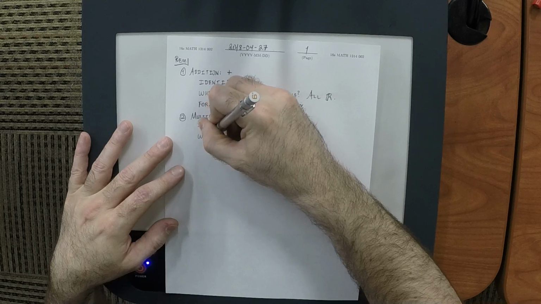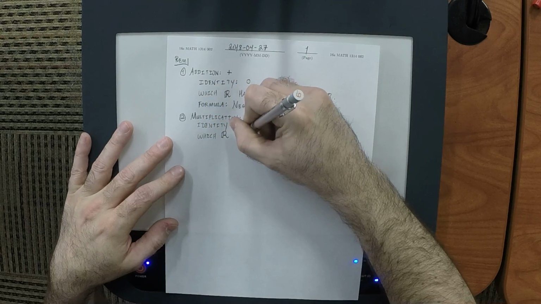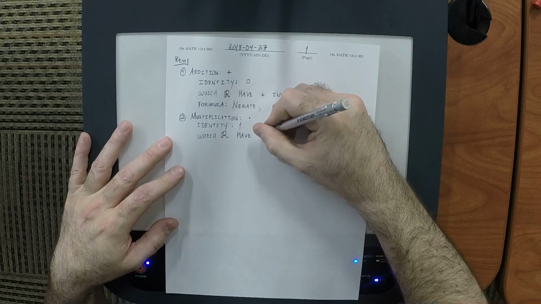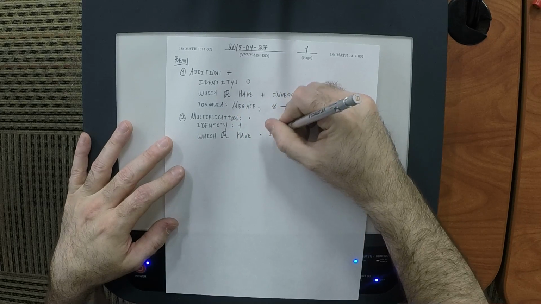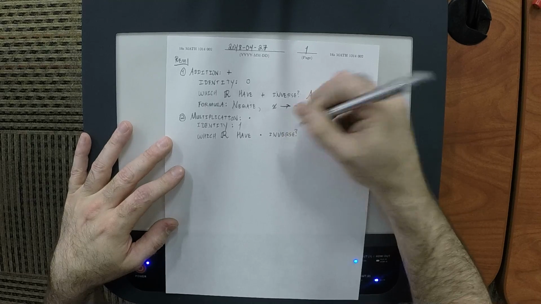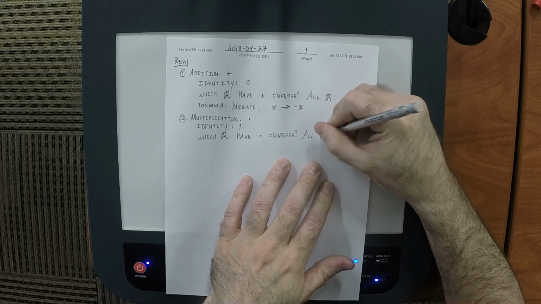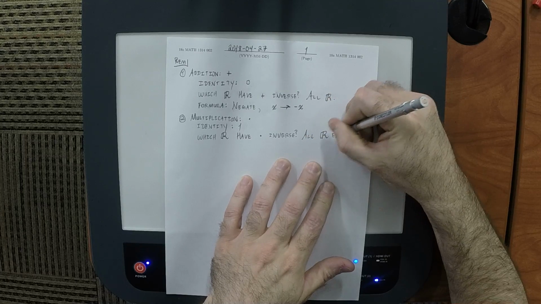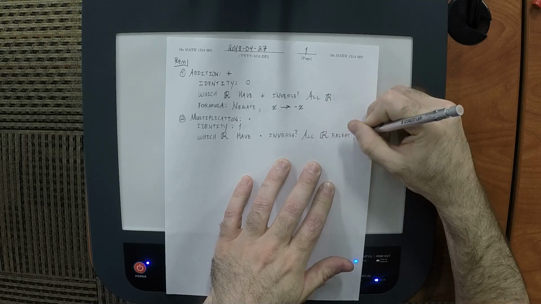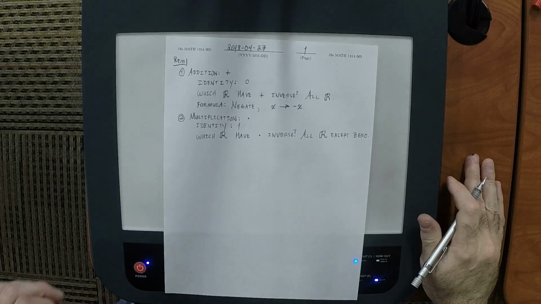Which reals have a multiplicative inverse? Right. So now it's not all of them. It's all reals except 0.